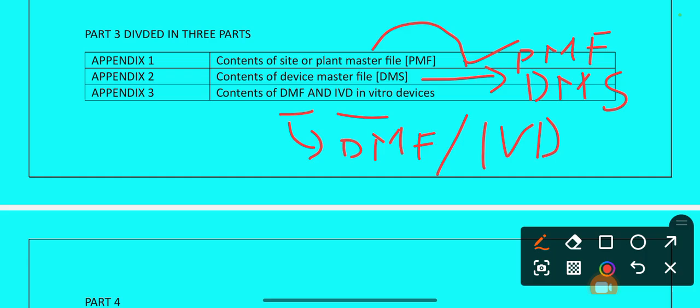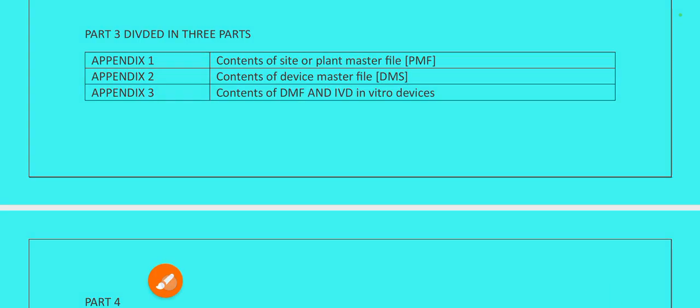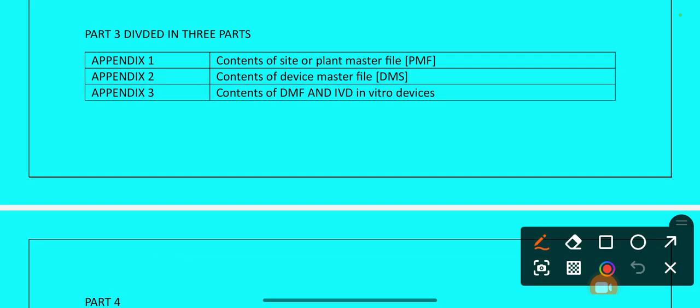So what follows in appendix 1? Contents of the plant master file, PMF. What follows in appendix 2? The device master file. And what follows in appendix 3 of the medical devices rules?